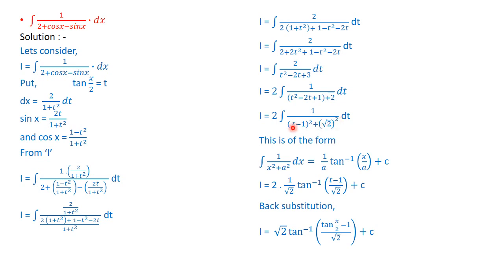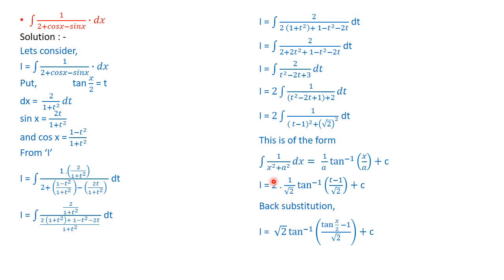Now this is of the form 1 by x square plus a square, and it has this result. This is the standard form. So substituting the terms, 2 into 1 by root 2 tan inverse of (t minus 1) by root 2 plus c, because if we compare with this one, then x is equal to t minus 1, a is equal to root 2.